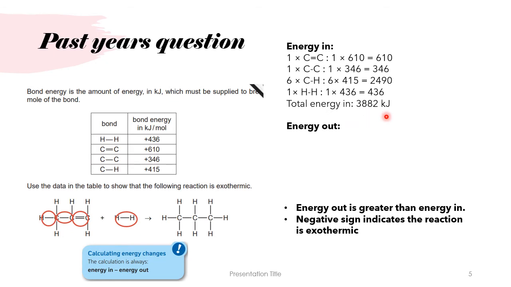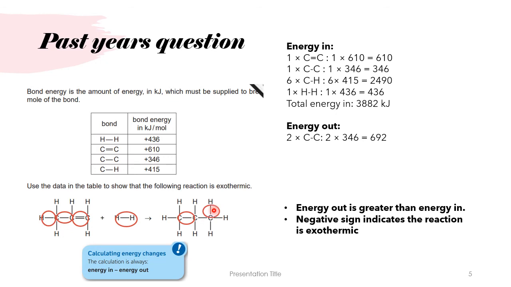Okay. Alright, energy out. Let's take a look at the energy out. So kita ada carbon to carbon bonding. Okay, nilai dia 346. Okay, ada berapa banyak carbon to carbon bonding? Single bond, kita ada 2. So 1, 2. So 2 times 346 is equal to 692. Okay, and then we have carbon to hydrogen bonding.